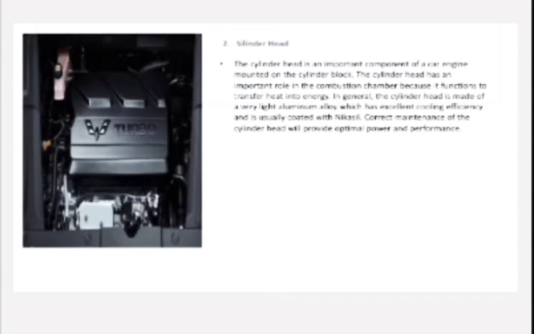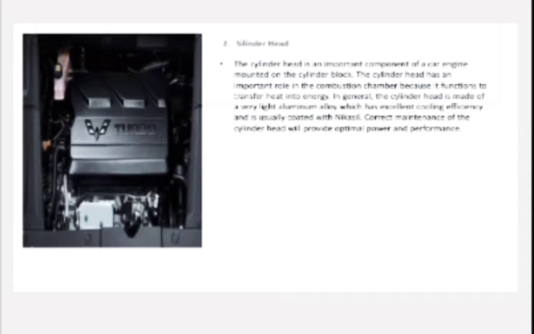2. Cylinder head. The cylinder head is an important component of a car engine, mounted on the cylinder block. The cylinder head has an important role in the combustion chamber because it functions to transfer heat into energy.